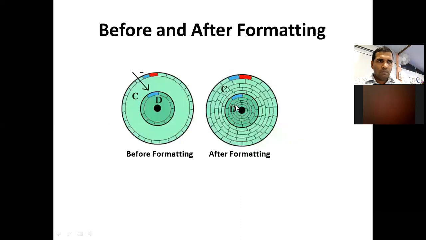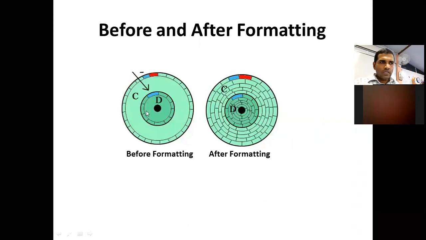But both of them are plain areas, and if they are plain areas, data cannot be saved. It means the hard disk is not in a position to accept any data. So we have to change our hard disk to a state which is ideal for accepting the data, that is formatting.